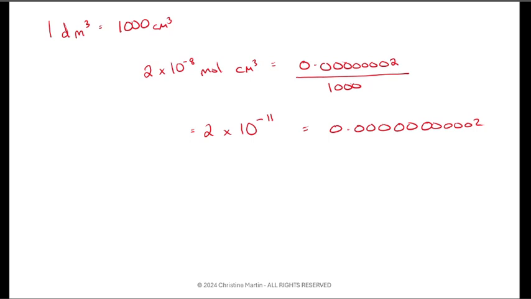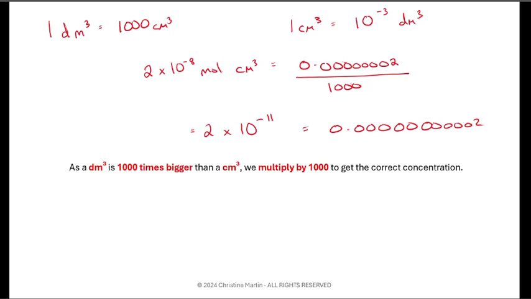What we wanted to do is understand that 1 centimeter cubed, we're going to convert that into decimeters cubed. So 1 centimeter cubed is actually 10 to the minus 3 decimeters cubed. So what we're saying is a decimeter cubed is 1,000 times bigger than a centimeter cubed, and we will therefore multiply our number by 1,000 to get the correct concentration.